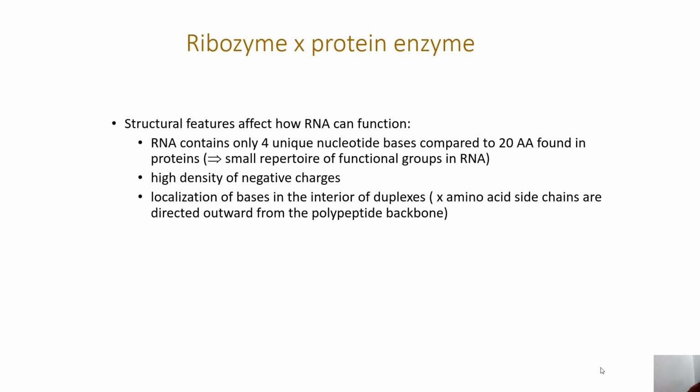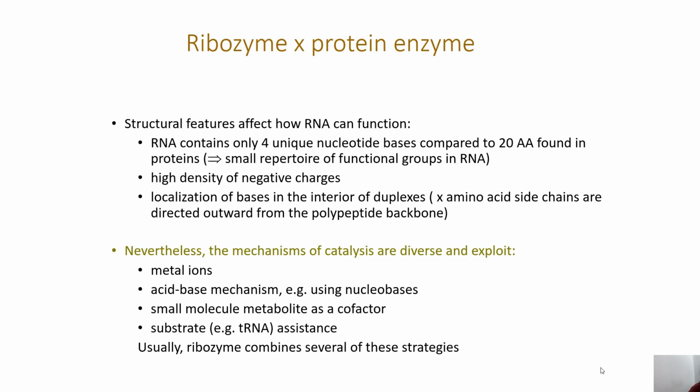The structural features affect how RNA can function. RNA contains only 4 unique nucleotide bases, compared to the 20 amino acids found in proteins, so it has a small repertoire of functional groups. In RNA there is a high density of negative charges, and bases are localized in the interior of duplexes, unlike amino acid side chains, which are directed outward from the polypeptide backbone.